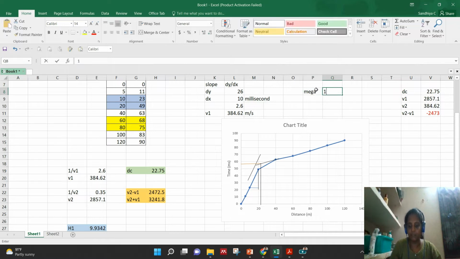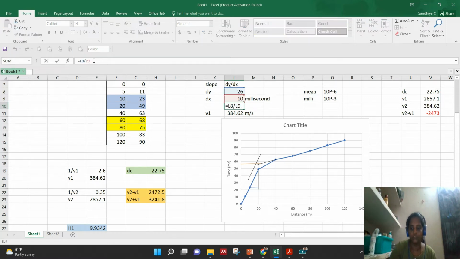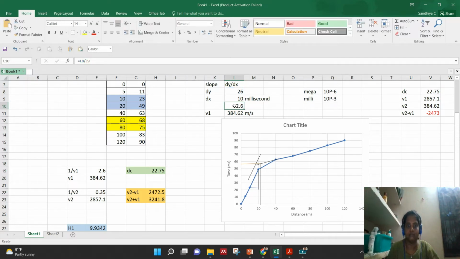Similarly, milli means 10 power minus 3. That is why we call it a millimeter. So you have a 10 power minus 3 value here in the denominator. When it comes to the numerator, it becomes 10 power 3. Hence I am multiplying 1,000 here in order to convert that into meter per second.